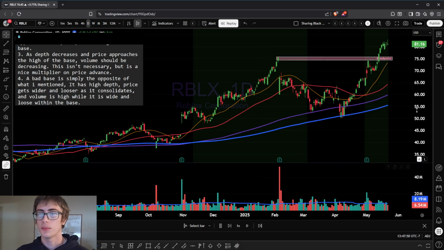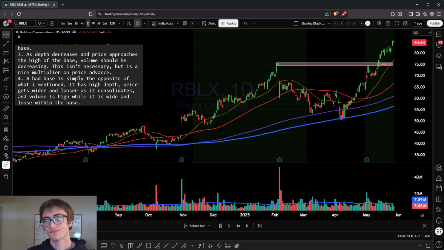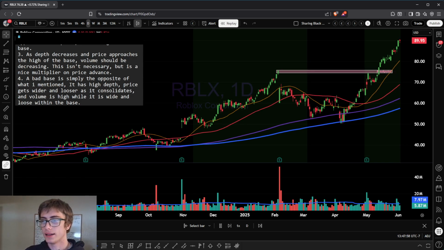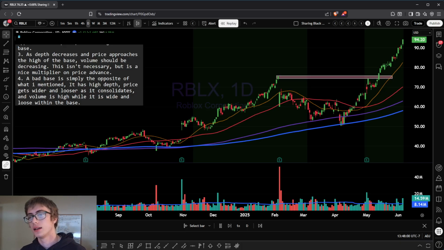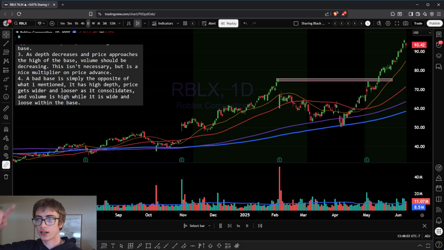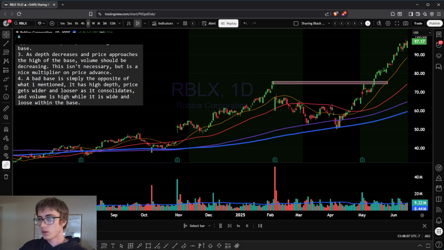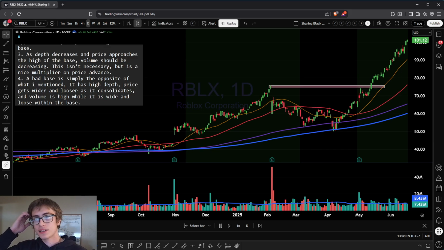Here, I'll play the chart as I explain this next point. So a bad base is simply the opposite of what I've mentioned, right? A wide and loose price consolidation where it swings down maybe 50% and then it swings up and it gets wider and looser.